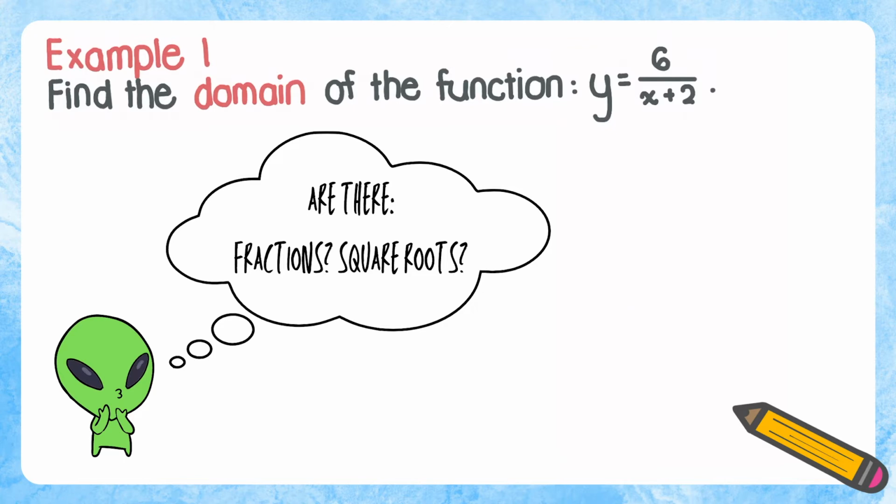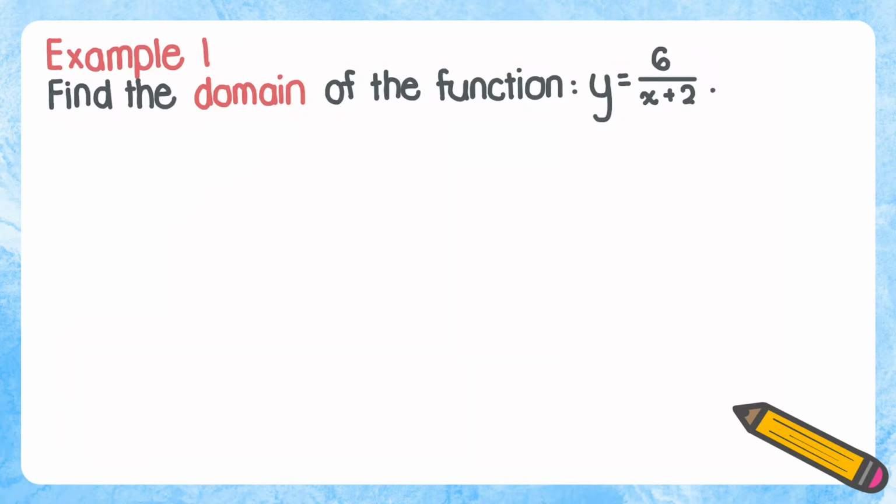Based on the restrictions, we have to make sure the denominator of this fraction does not equal 0. So we have to make sure that this x plus 2, the denominator, does not equal 0.